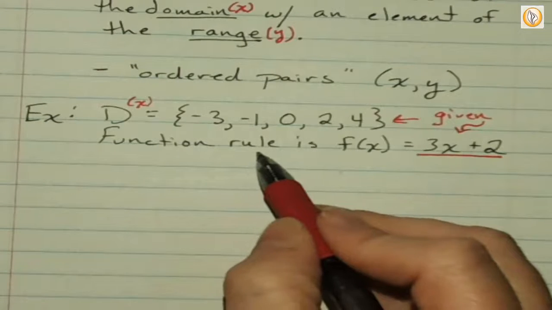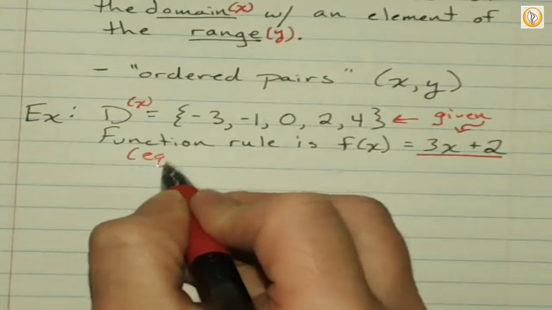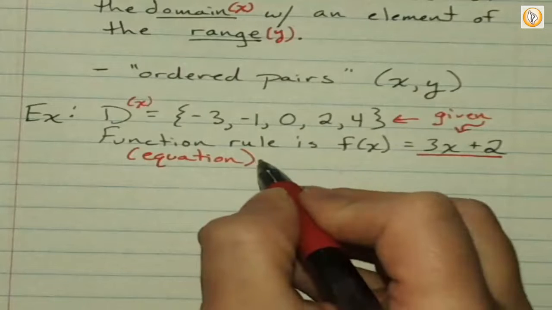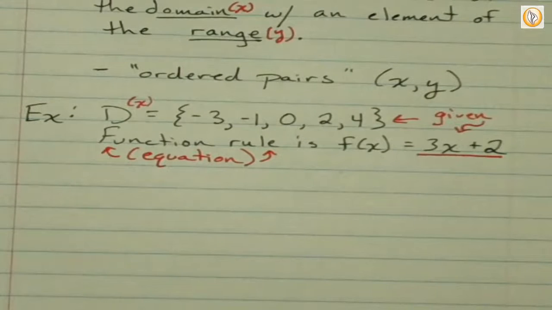Remember, when they say function rule, blah, blah, blah, that means equation. Function rule is a fancy way of saying equation. Make sure you write this down.